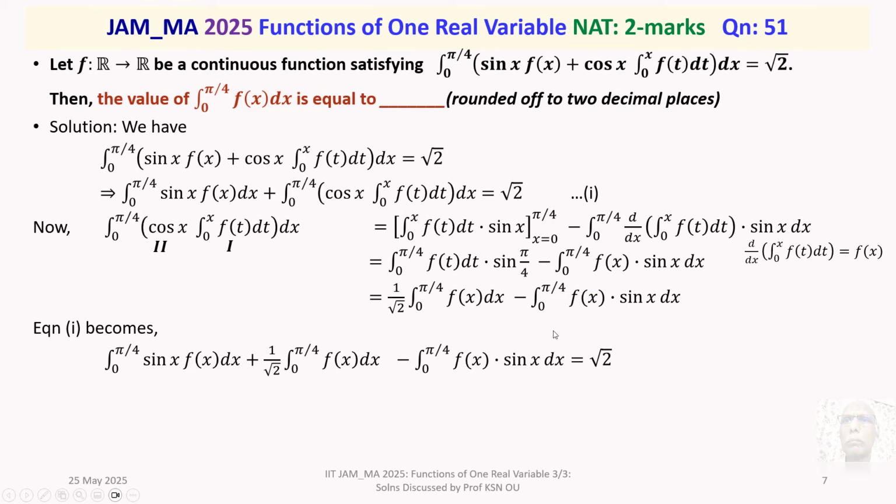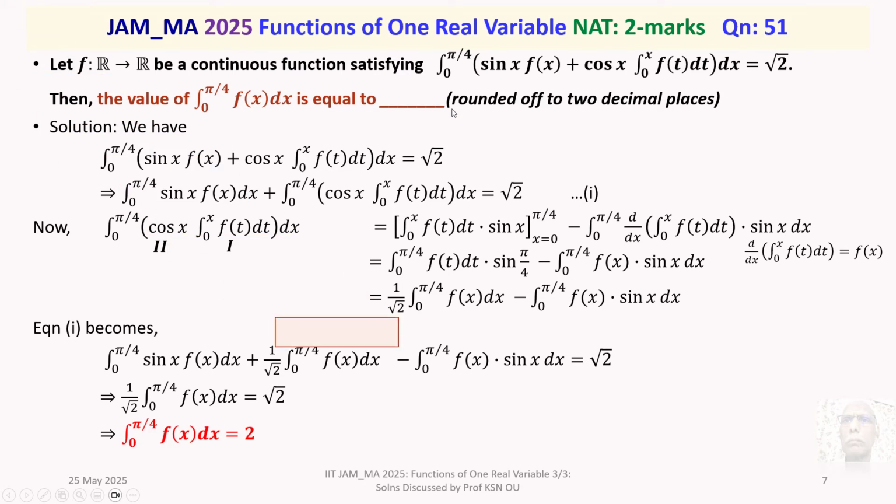Here the first and last terms cancel; this is plus, this is minus, and we are left with the middle one. That implies 1 by root 2 integral 0 to pi by 4 f of x dx. Cross multiply, we get integral 0 to pi by 4 f of x dx equal to 2. That is what was to be evaluated, and we got the answer.